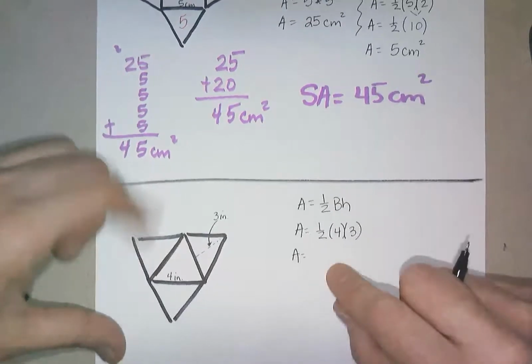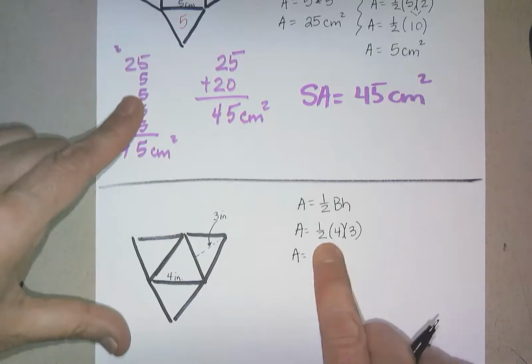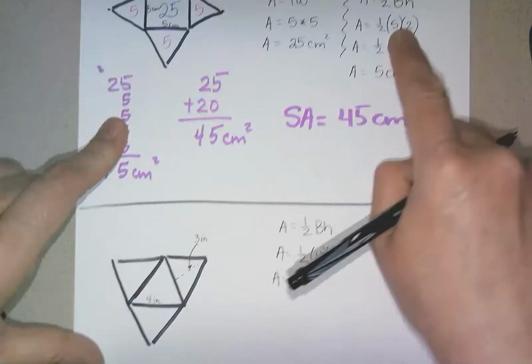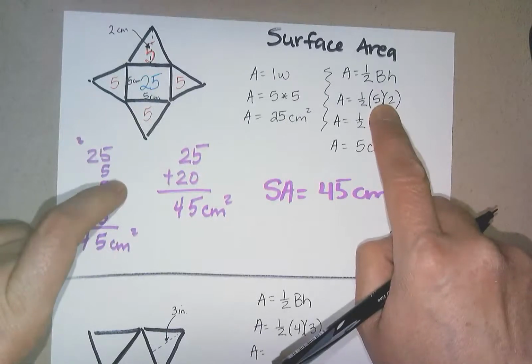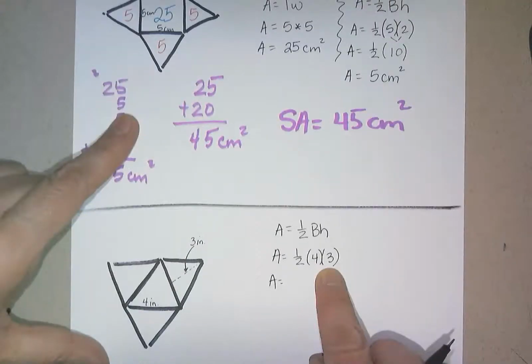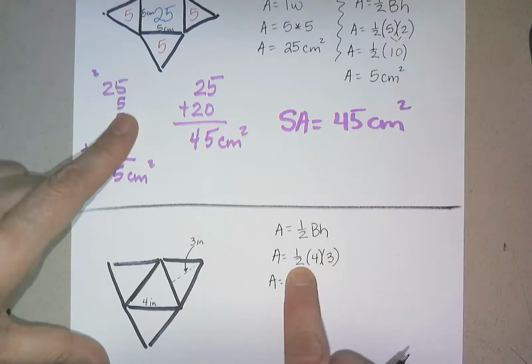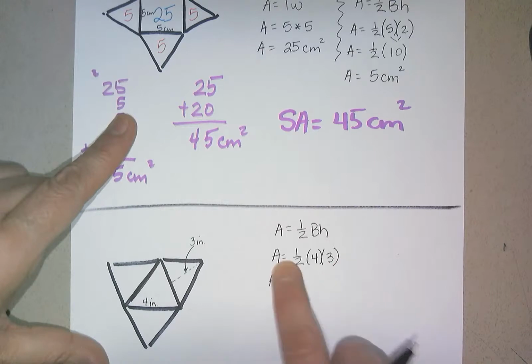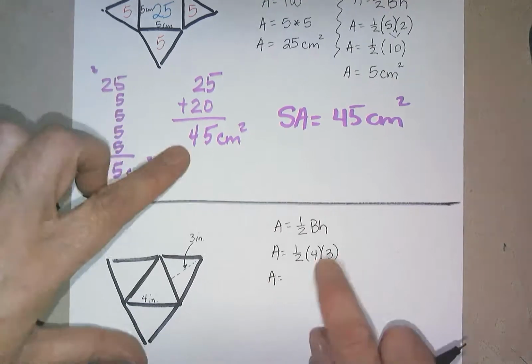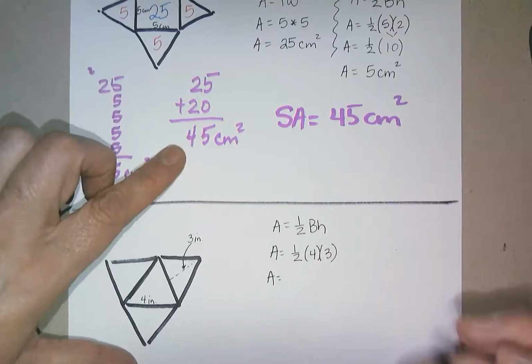So the other one up here, I decided to multiply the base and height together and then cut it in half. This one, I could go either way. I could cut the 4 in half and then multiply it by the 3. It doesn't matter. I'll still get the same answer, but I'll just stick with the base.